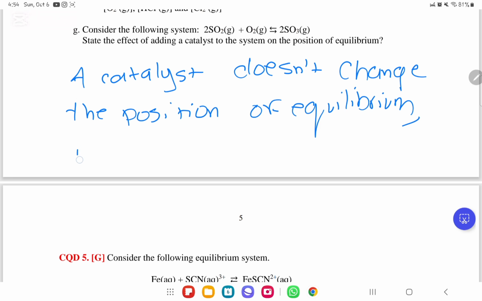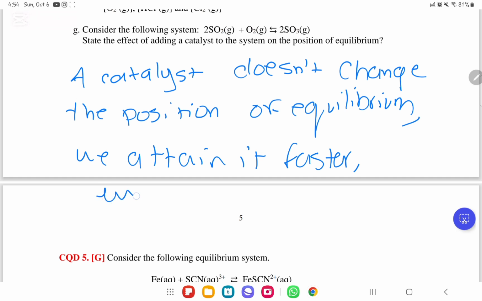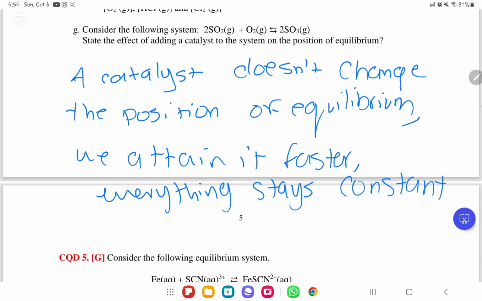However, we attain it faster. Meaning that everything stays constant, alright, and only the equilibrium position is attained faster.